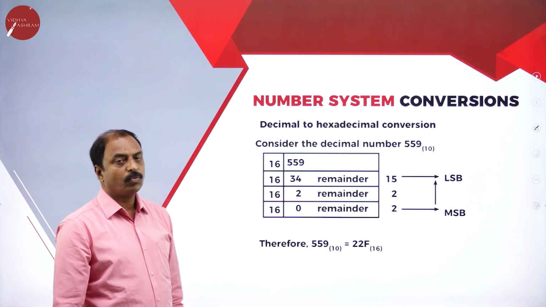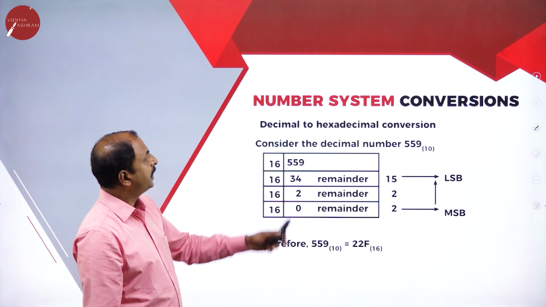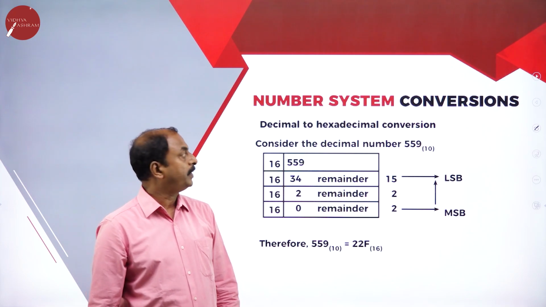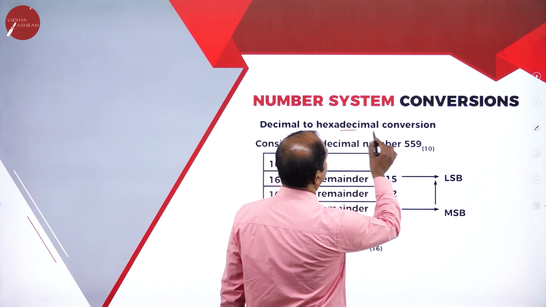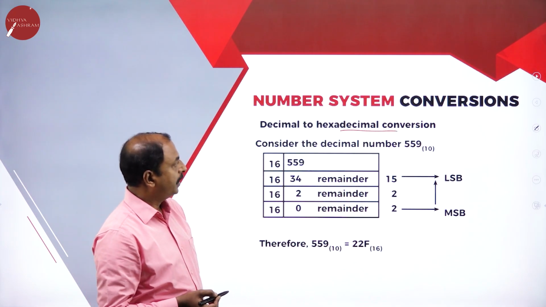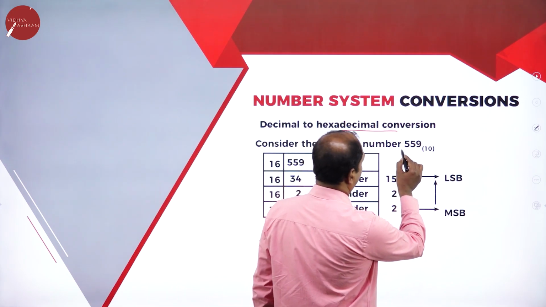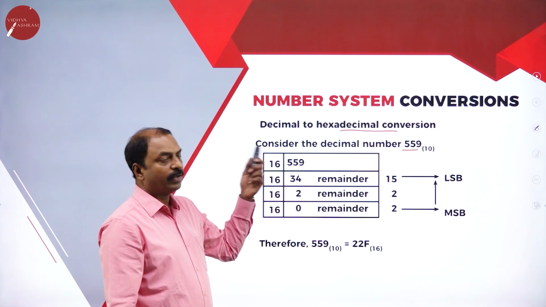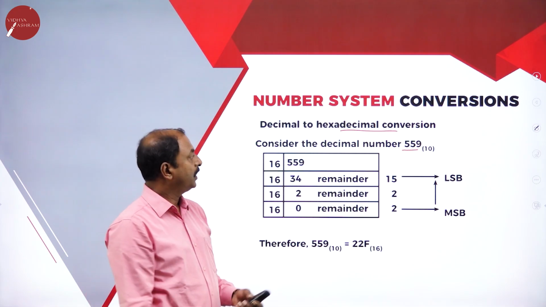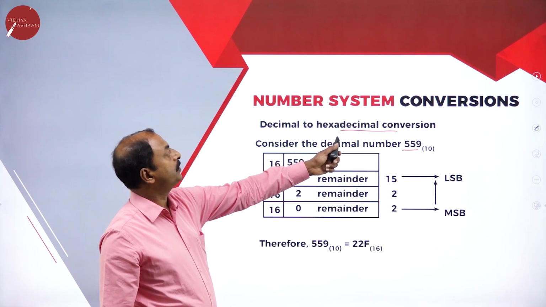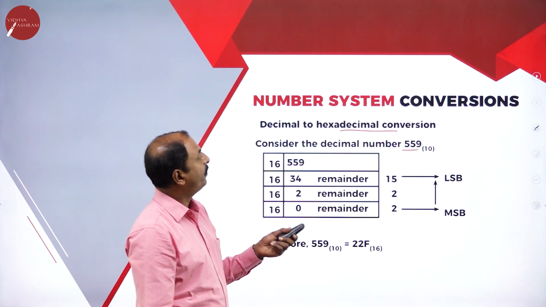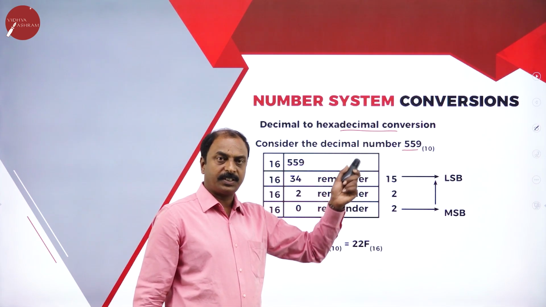Now let us move on to one more conversion, that is decimal to hexadecimal conversion. Hexadecimal is to the base 16. Given the decimal number 559 to the base 10, as we have seen in our previous examples, we have to convert it into hexadecimal number system. The base is 16, so divide the given number by 16.